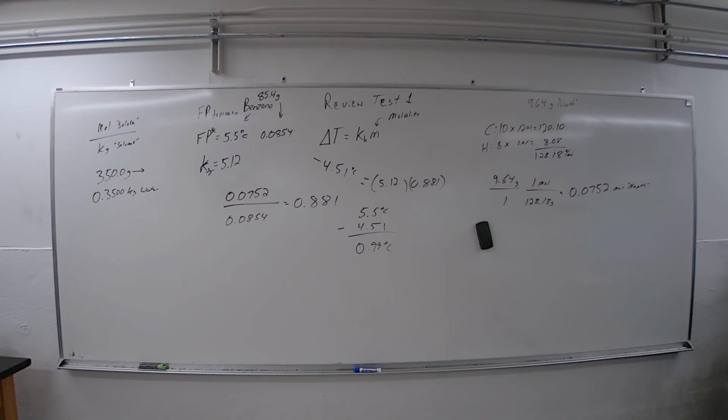The answer for this one, 1.27. Minus 1.27. This one, 21 grams of ethylene glycol.